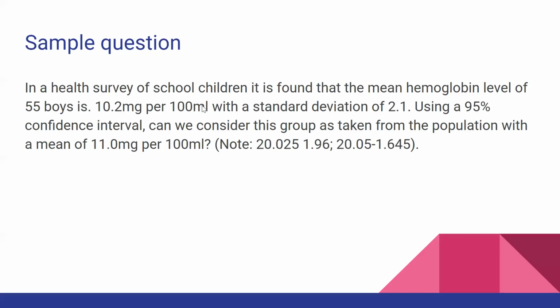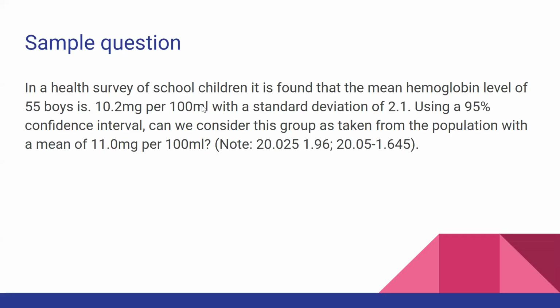Meaning, this is what we mean from the question here. We are saying that from the study we did, we are 95% confident that the mean of the population from which these students were taken would lie from 9.64 to 10.75.